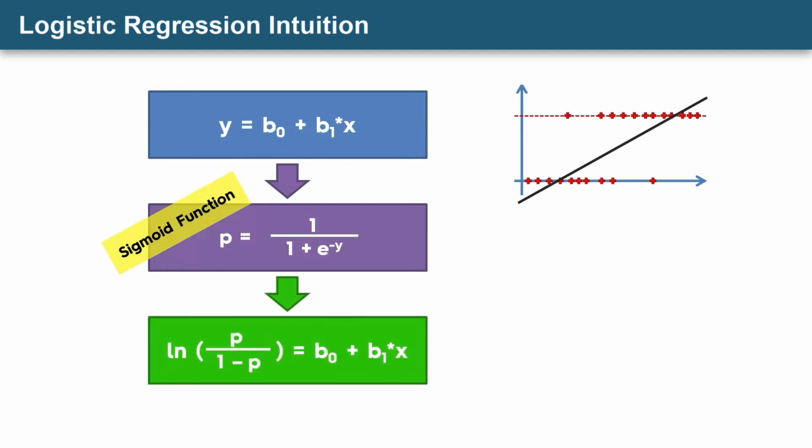So your linear regression will start to look like this, and this is the formula for logistic regression. What that will do to the chart is convert it from the chart that we see at the top to this new chart, which is the logistic regression function.